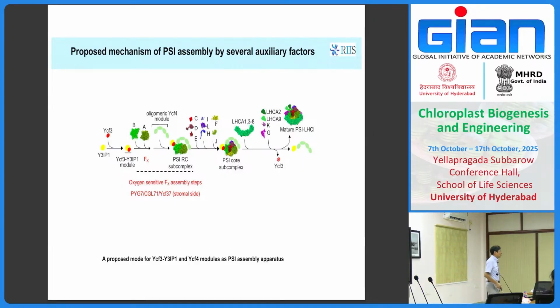Arabidopsis doesn't grow without photosynthesis, so the seedling becomes pale yellow-green. Cyanobacteria can still grow without this somehow. PS1 level is reduced, it's always the case. Some phenotypes are weaker in cyanobacteria and stronger in vascular plants.